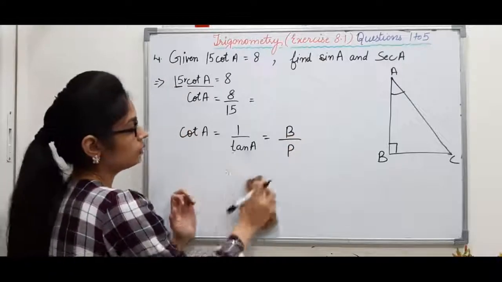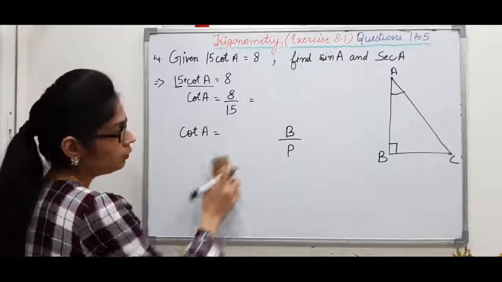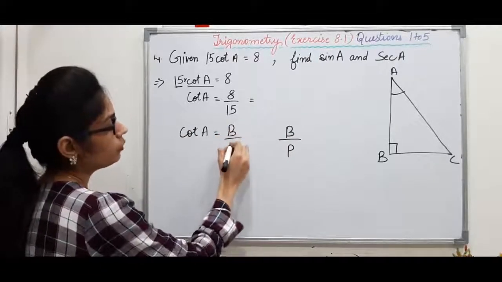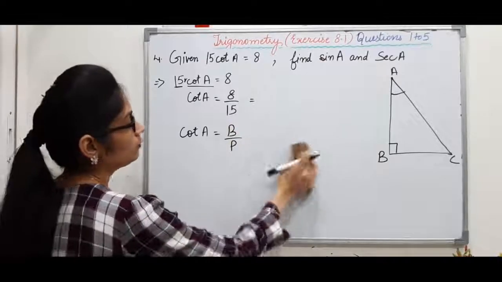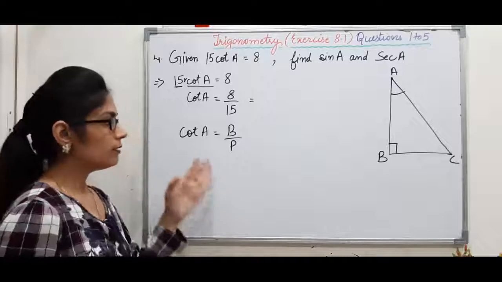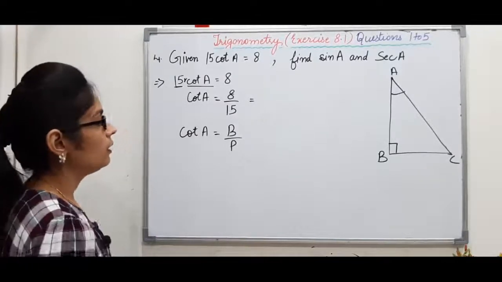This step, if you want you can write, if you don't want you can skip it also. So directly you can write cot A is equals to base upon perpendicular. So it's just reciprocal of tan theta. Reciprocal means when we interchange numerator and denominator.